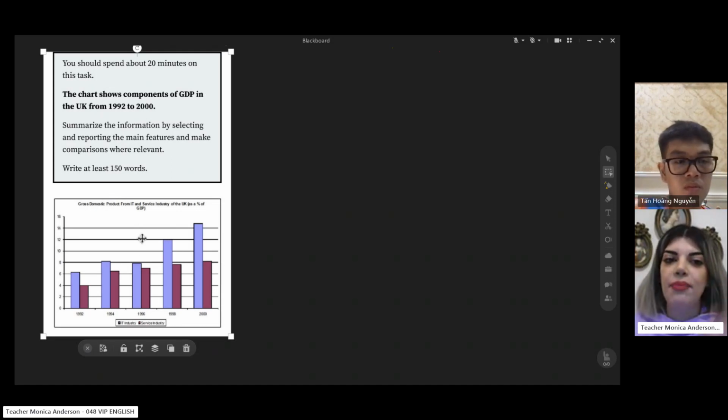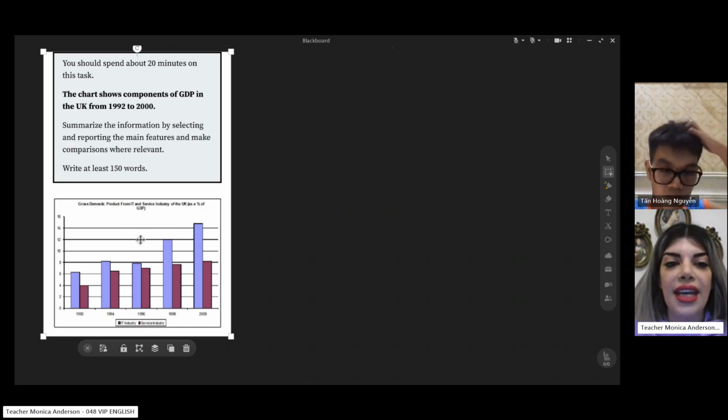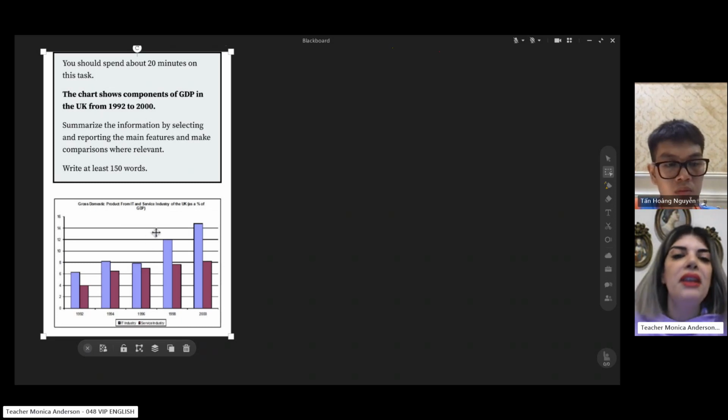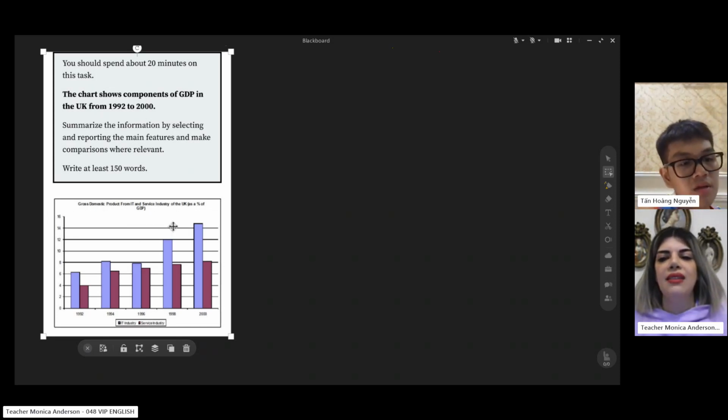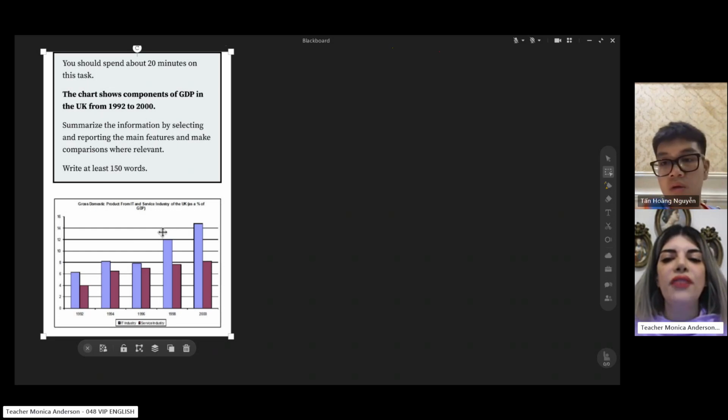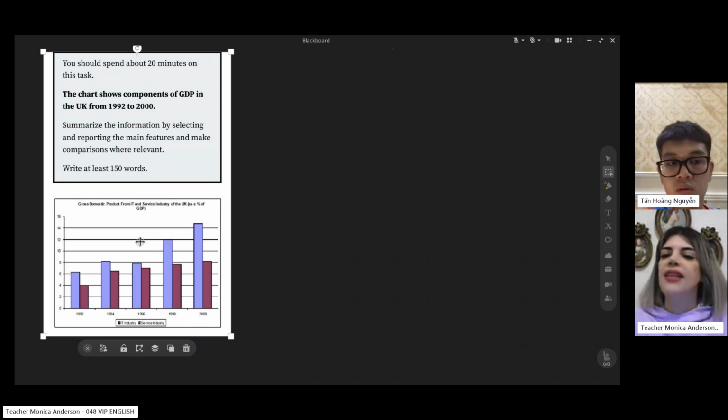Now let's make a comparison. While the service industry stayed nearly the same, increasing to only 8%. Can you see? Only 8%. And at the end of the period, let's finish.